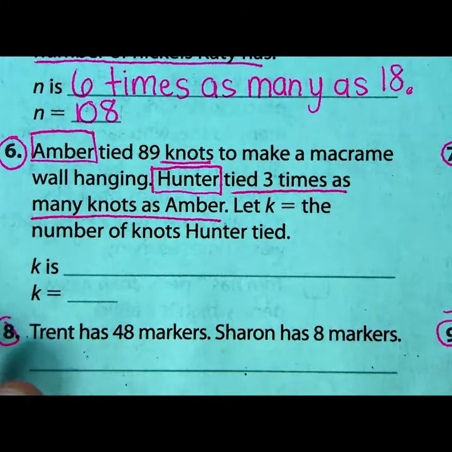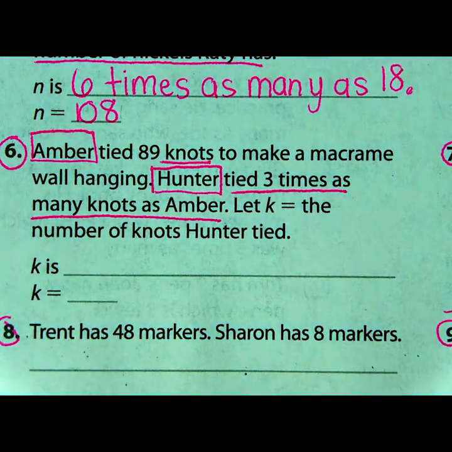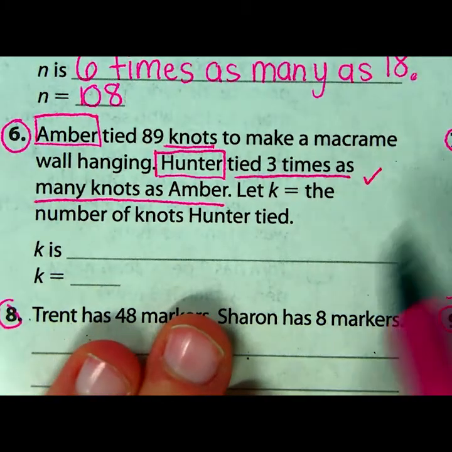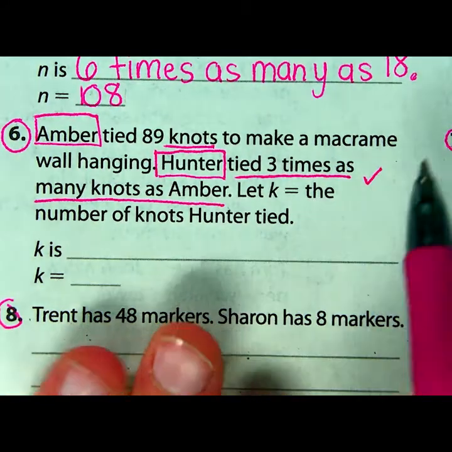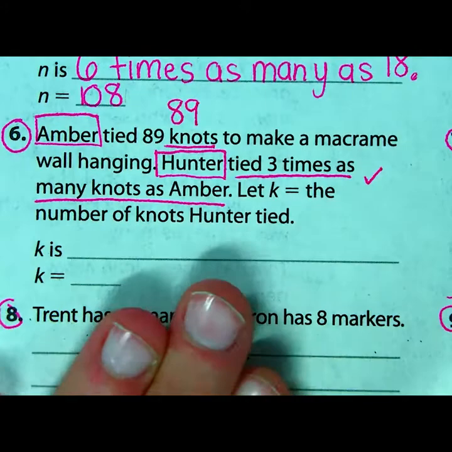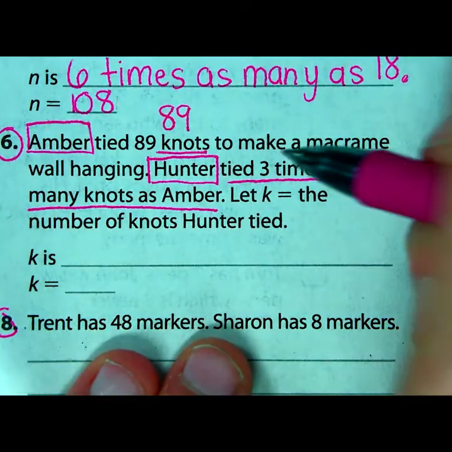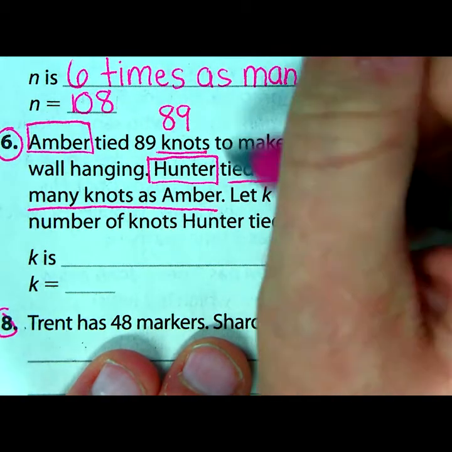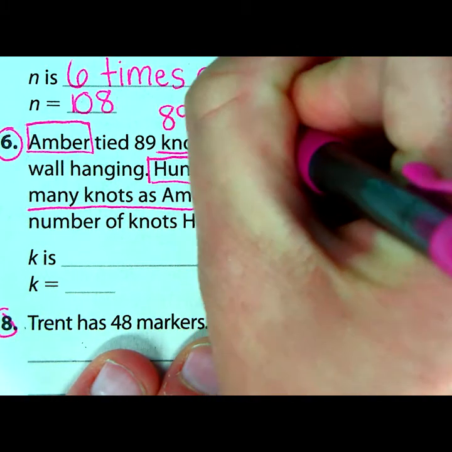Was it Amber or was it Hunter? Look at the problem, think to yourself. Right, Hunter's the one who tied more because he tied 3 times as many as Amber. So what we have here is a multiplication problem of the number of knots Amber tied, which was 89. And we know that to solve for Hunter, we would have to multiply by 3 because he tied 3 times as many.